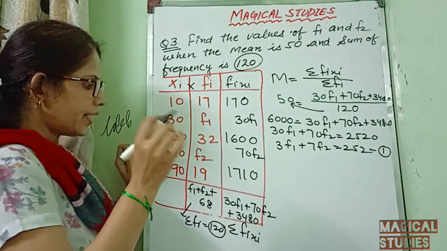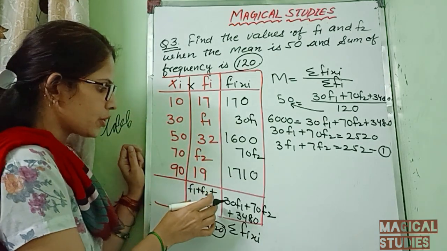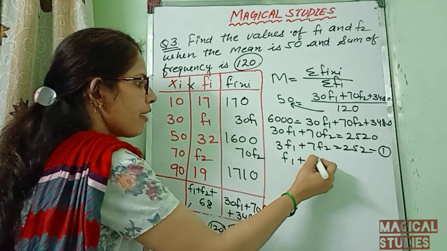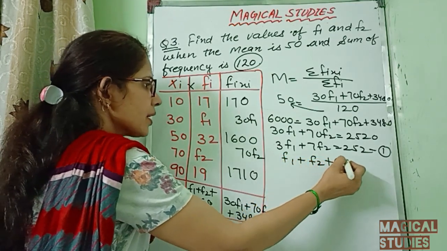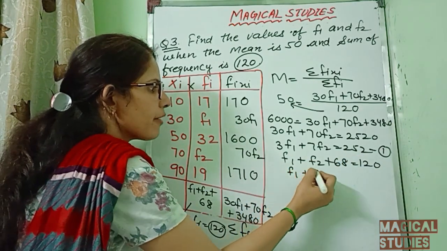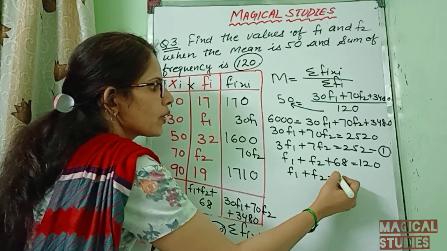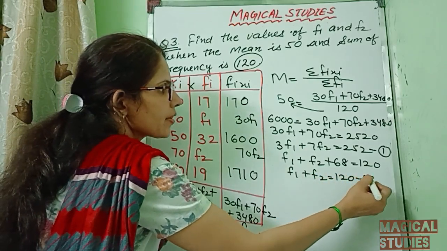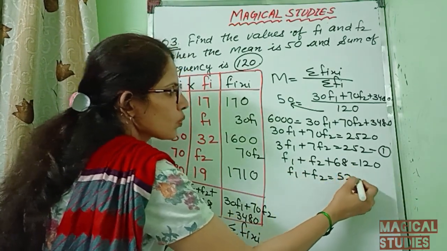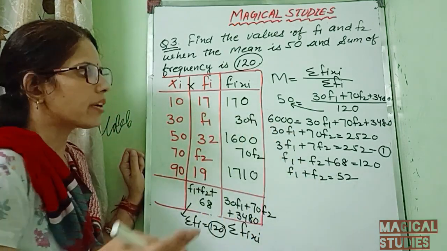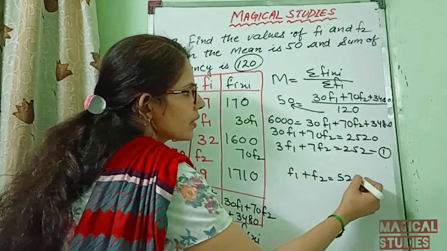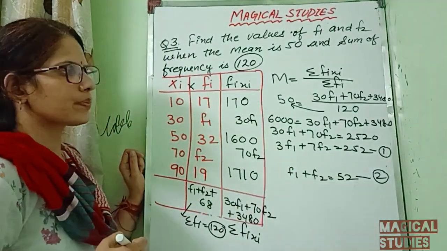From the second relation, f1 plus f2 plus 68 is equal to 120, so f1 plus f2 is equal to 120 minus 68, which is 52. This is our second equation.